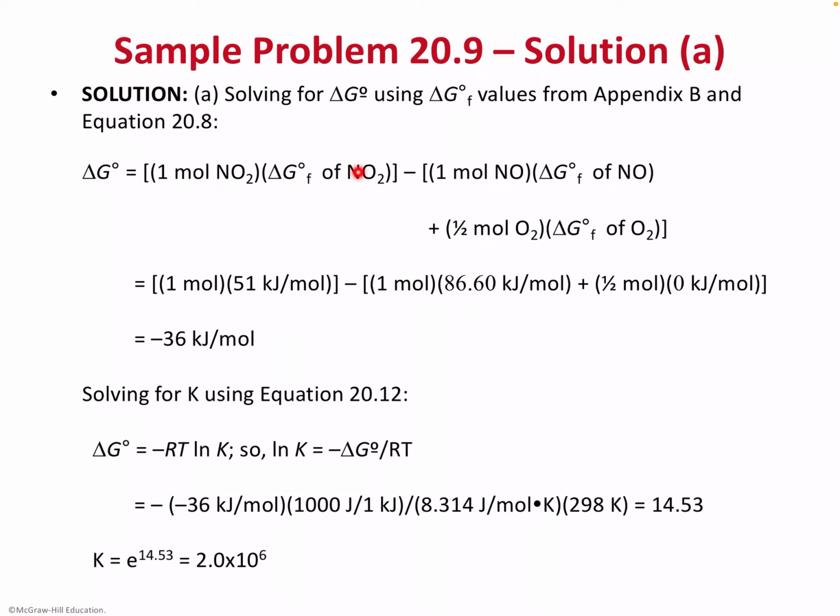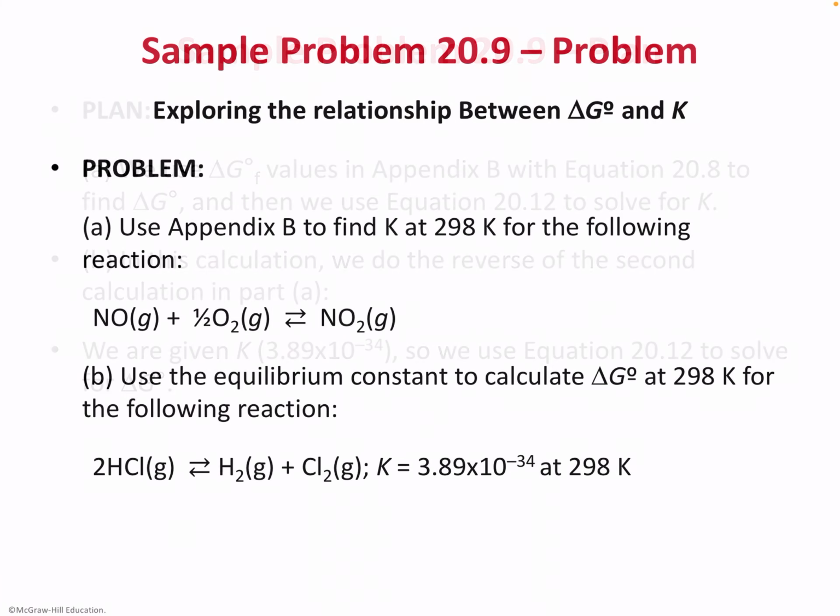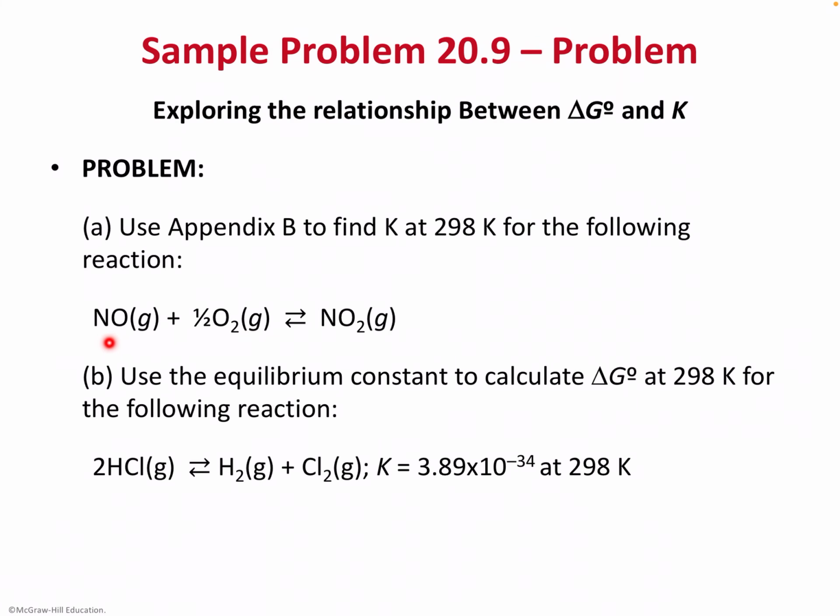That is the products, minus the reactants: 1 mole nitrogen monoxide times the delta G naught value for nitrogen monoxide, and then oxygen, half mole times the delta G naught value for the oxygen. So this is our equation: products minus the reactants delta G values.